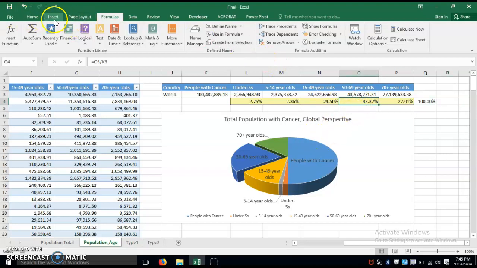Basically I calculated this myself using the global perspective and the amount of people within each age group.